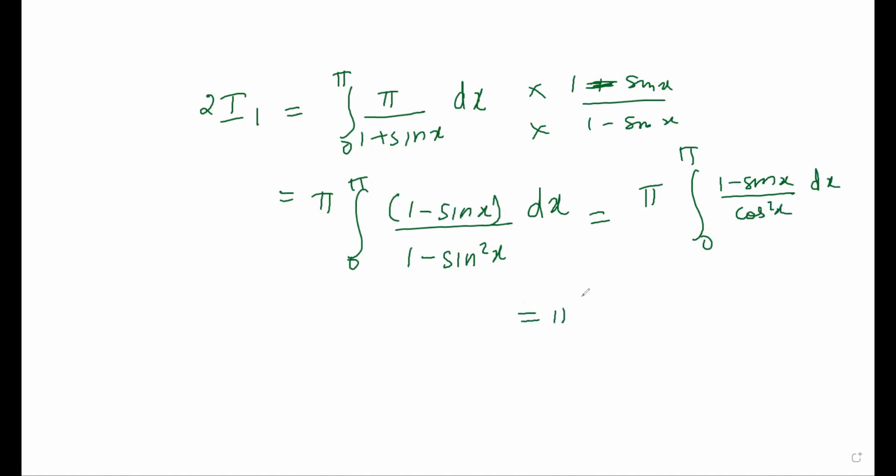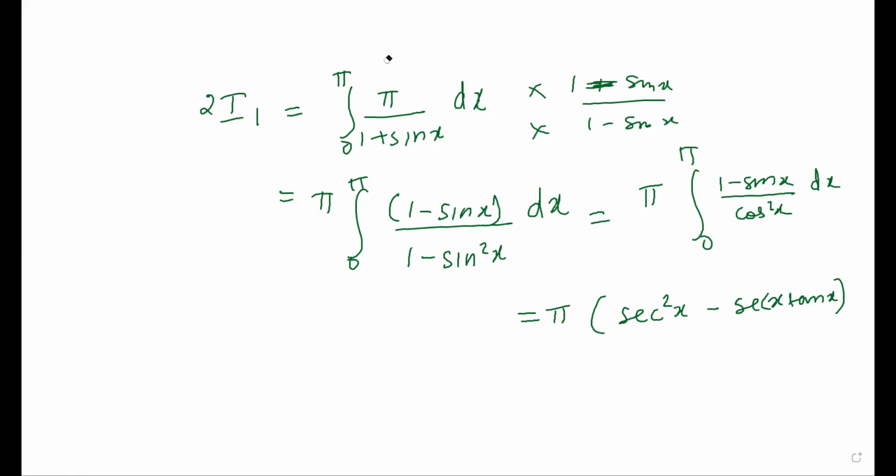So that is pi into 1 by cos square x is sec square x, minus sin x by cos x will become tan x, 1 by cos x will become sec x. So this will become sec x tan x in the interval. No, I have not integrated, I just simplified.